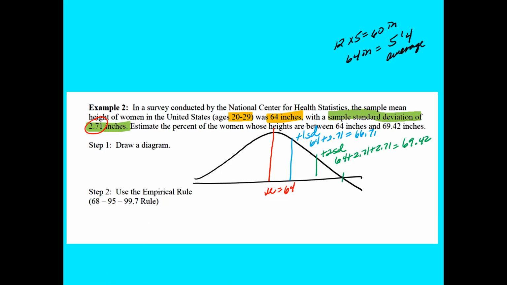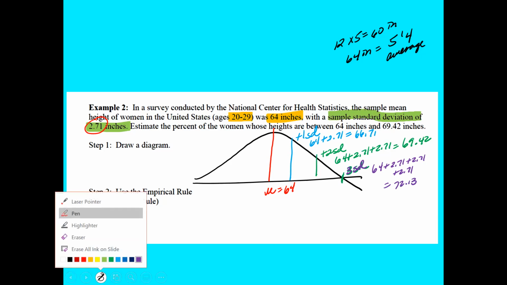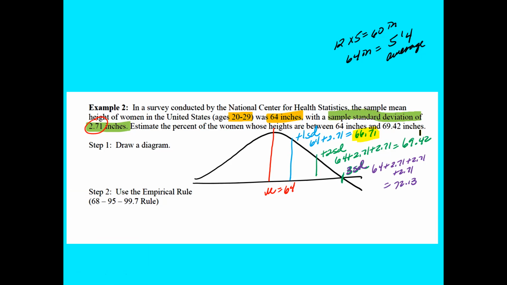And then at the third standard deviation, that is going to give me 64 plus 2.71 plus 2.71 plus 2.71, so 3 times. And that's going to give me 72.13 inches for the third standard deviation. So right here, and right there.